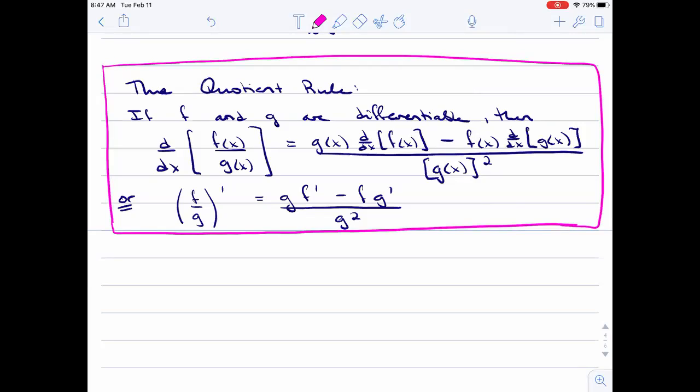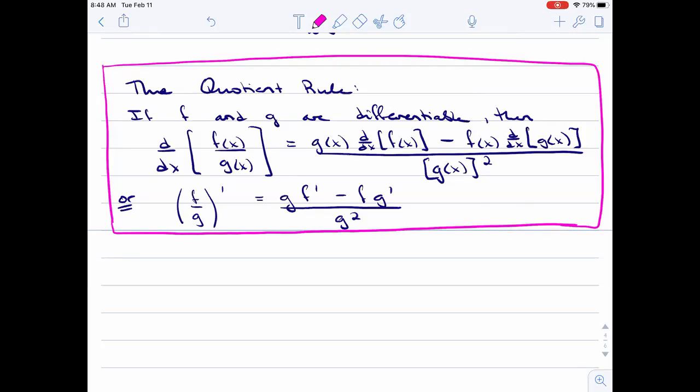So we start with that g. How I had to remember it is the g in the quotient rule is the main player. So we start with g and then take the derivative of f, minus, hold f steady, the derivative of g, and then over g squared.